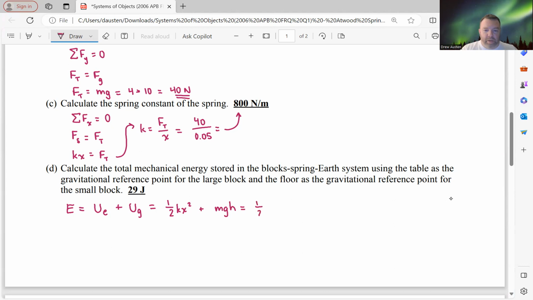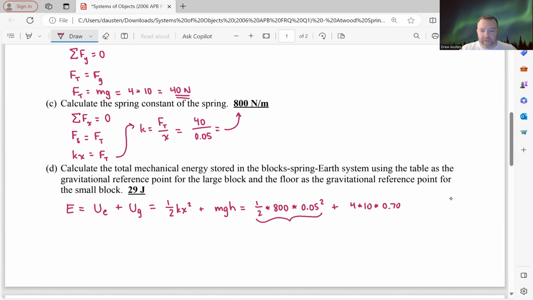So we have 1/2 times the k for the spring, which we just solved for was 800 newtons per meter, times x, which was the stretch distance, which we just said was 0.05, and that's going to be squared, plus for the small block, the mass is 4 kilograms times g, which is 10, times the height above the ground, which is 0.70 meters.